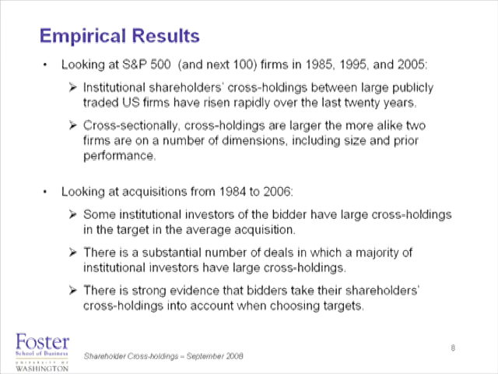We're going to show that there are a lot of deals where there are large cross holdings in the target, but like I said, this isn't enough to have a massive wealth effect in terms of shifting the voting enough to make these deals go through. But it does appear that bidding management is picking targets, all else equal, that have larger cross holdings. So you can think of it as there'll be less resistance to this idea, all else equal, because of these larger cross holdings.